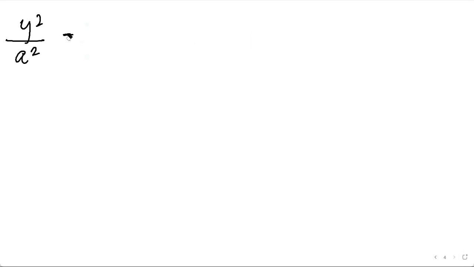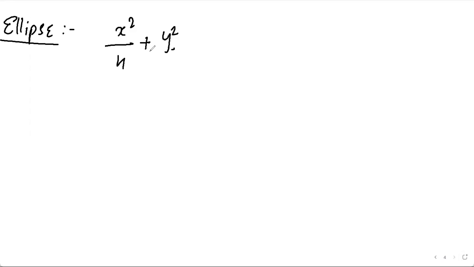Now we look at another example for an ellipse. So say we take an ellipse x square upon 4 plus y square upon 9 equals 1.